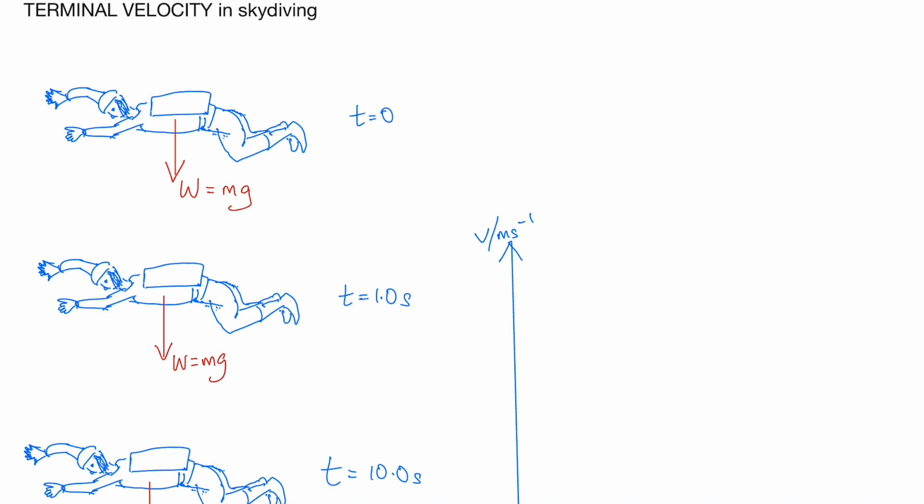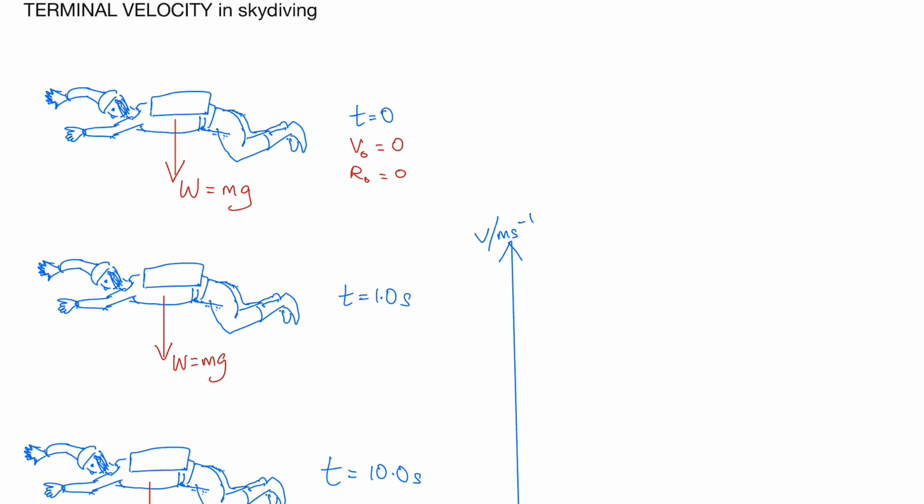Now air resistance would increase based on the speed of the moving object. In this case, the skydiver's speed at the very beginning is 0. So at time t equals 0, v0 is 0, so air resistance at time t equals 0 is 0.